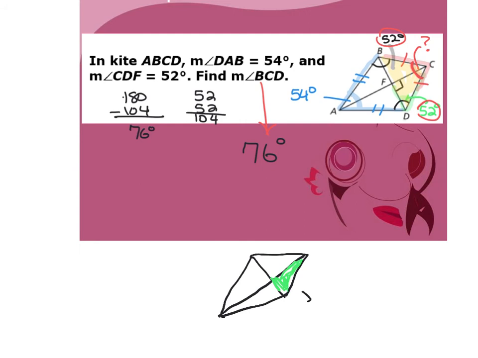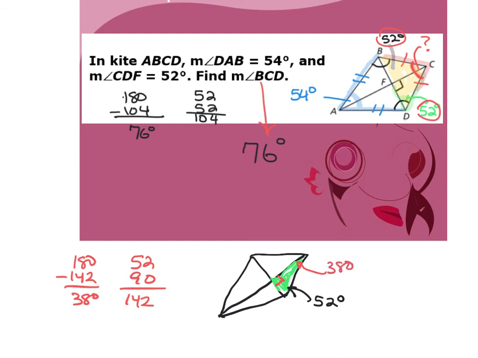If I knew this angle right here was 52, and this angle right here is 90, I could have found this missing one by doing 52 plus 90, get 142, subtract that from 180, and the missing angle up here would have been 38.